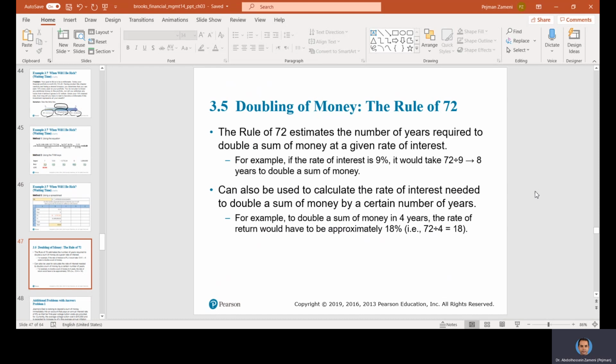The rule of 72 estimates the number of years required to double a sum of money at a given rate of interest. For example, if the rate of interest is 9%, it would take 72 divided by the interest rate 9, which is equal to 8. It means that it takes 8 years to double your money.